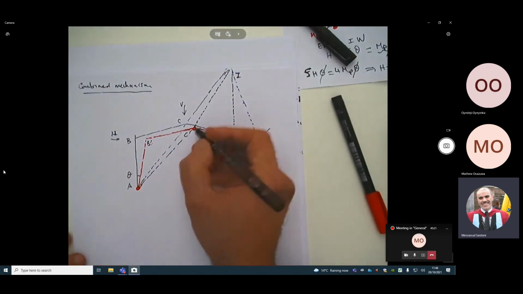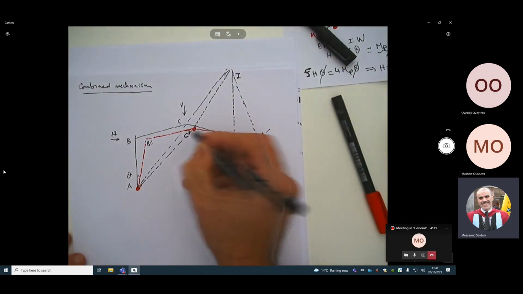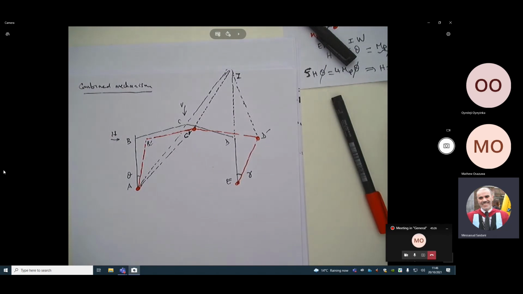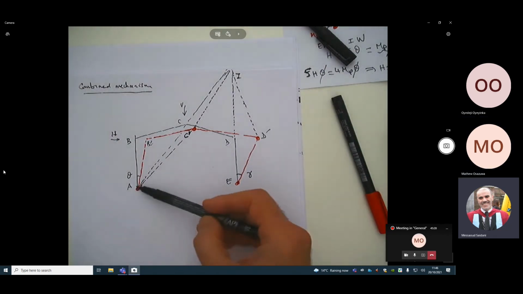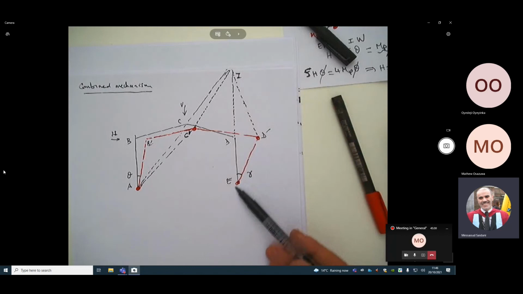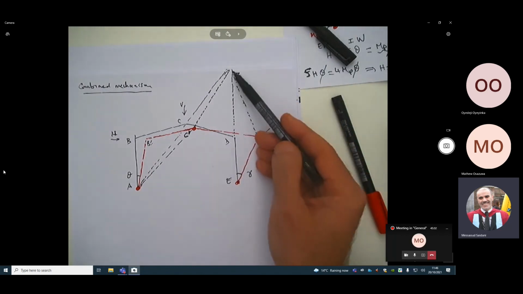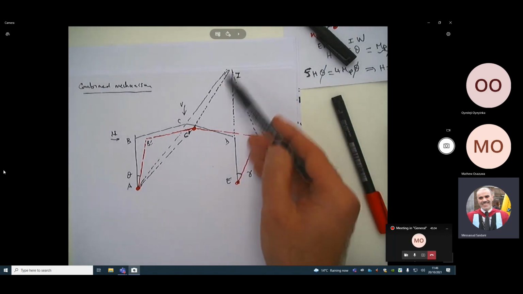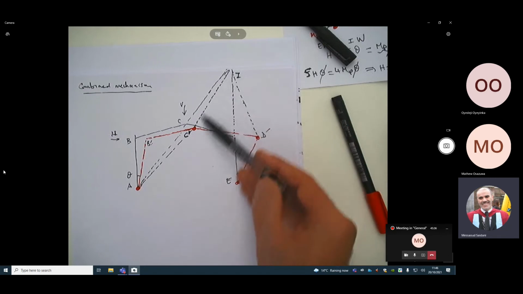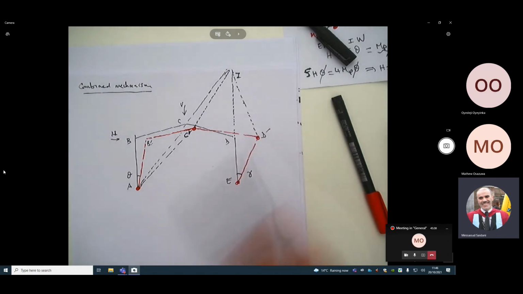Is that clear? So I repeat, join A to C, extend it. Extend ED, the column ED. That gives you a point I. Then from I, join to the new positions, I to C dash, I to D dash, and then you join this to here.